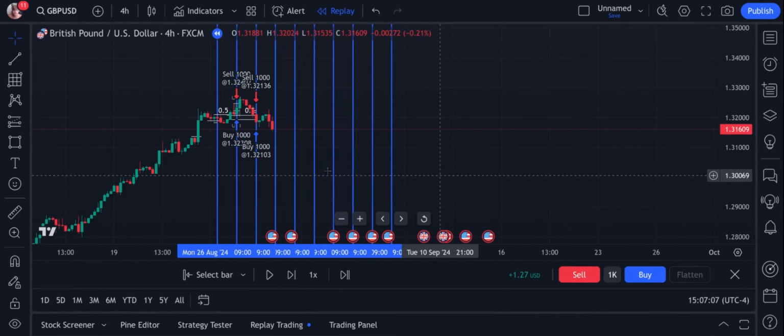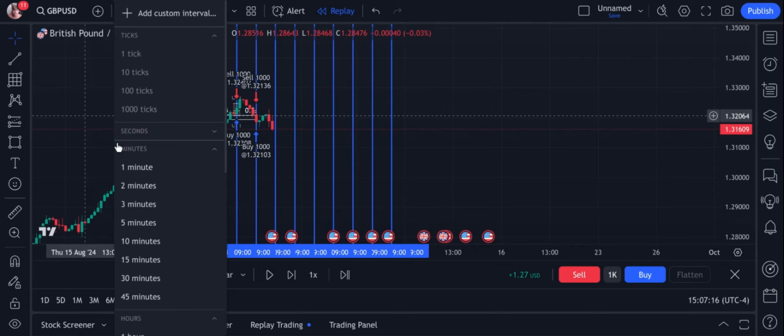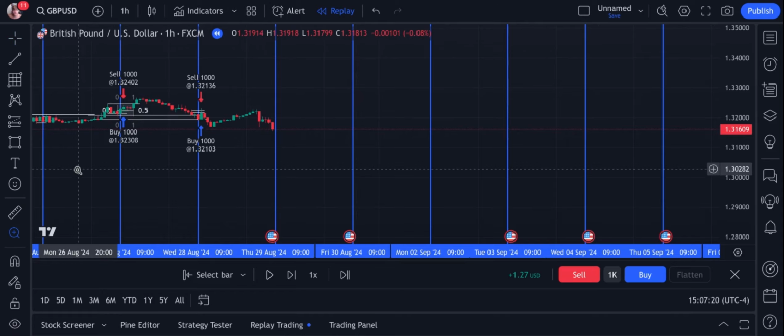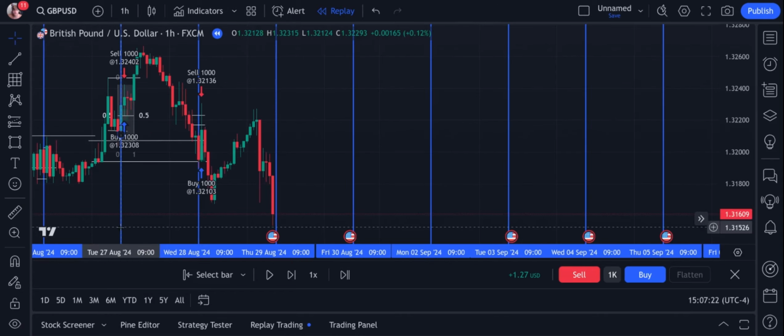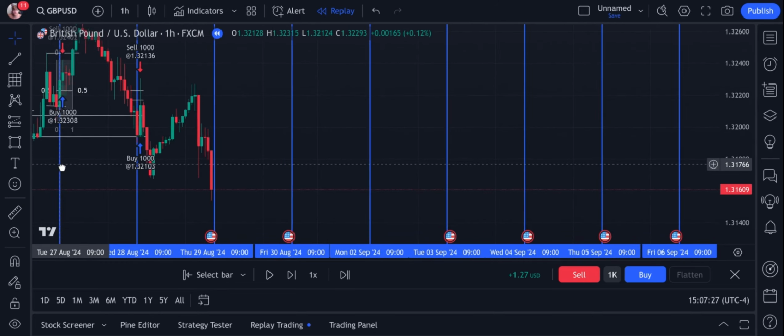Price is bearish, so we are looking for highs to get swept. But since price is so far away, which is the last high on the 4 hour, we'll go ahead and go down to the 1 hour.